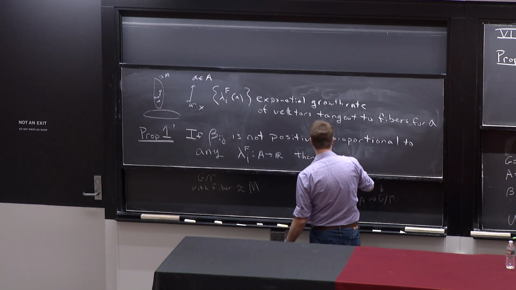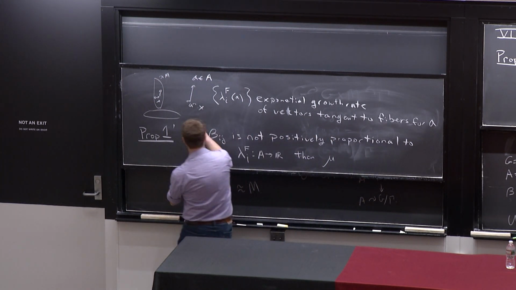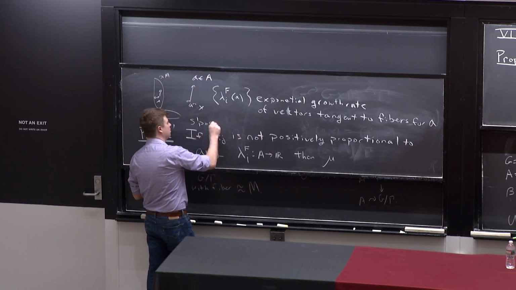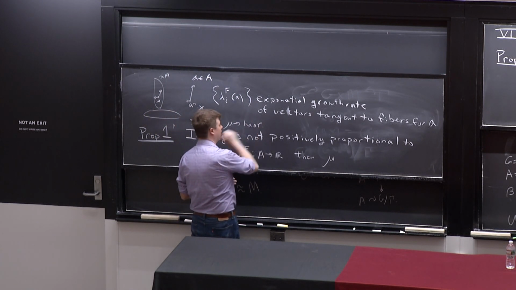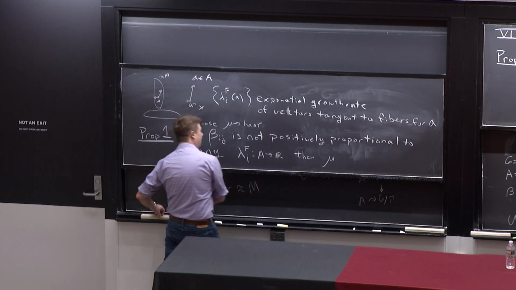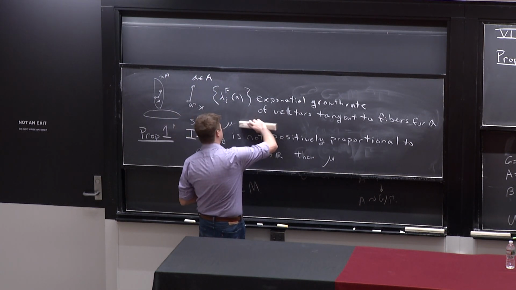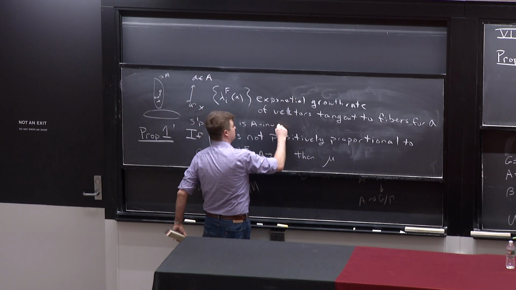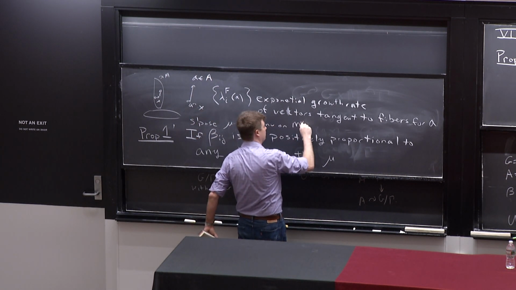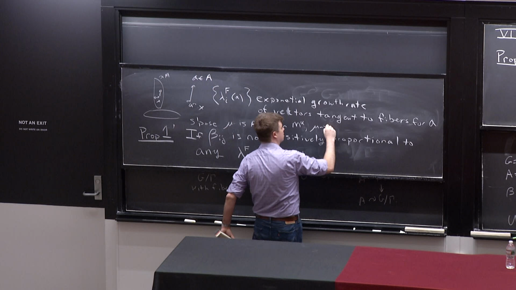then mu, I forgot our hypothesis, so suppose that mu projects to the Haar measure. I left out some hypotheses. Suppose mu is A invariant on M alpha, and mu projects to the Haar measure.